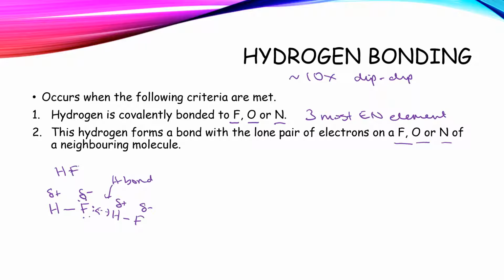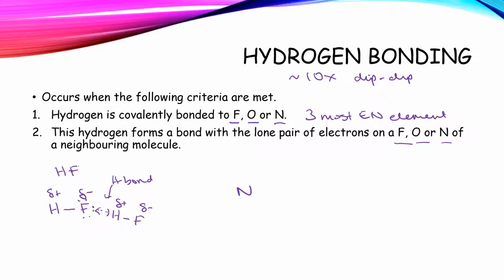This leaves an unusually bare nucleus, which creates a superdipole. That superdipole forms an interaction with the lone pair of electrons on a neighbouring molecule, which is the freaks of nature, fluorine, oxygen, nitrogen, and that creates an unusually strong interaction.